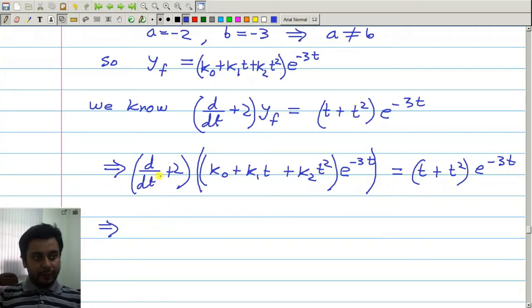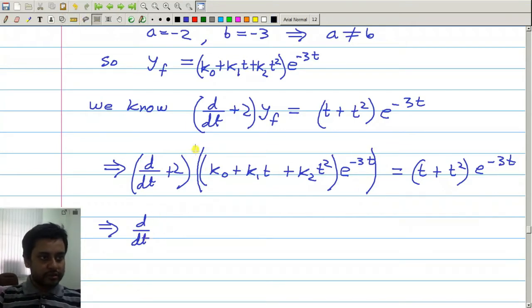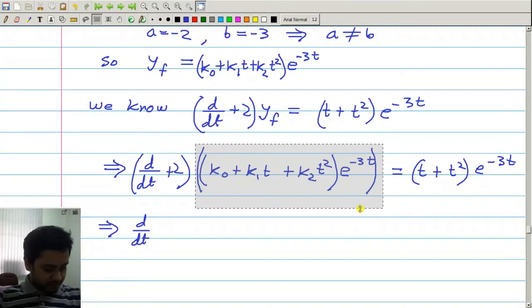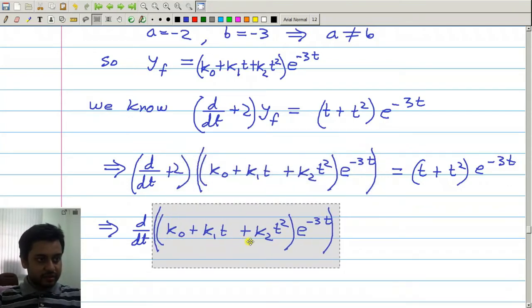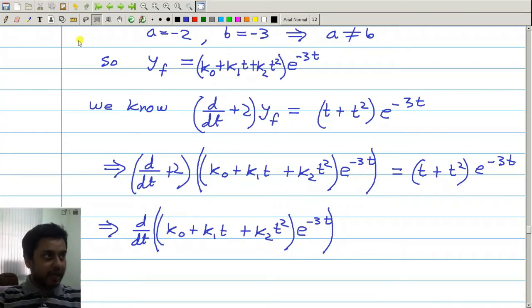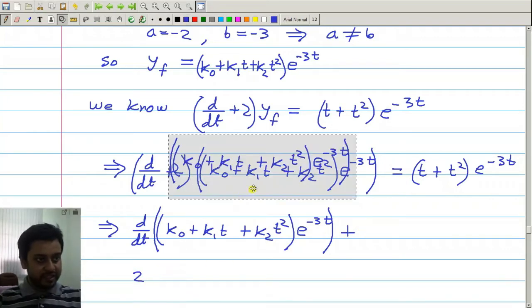Now if we apply this operation, we shall get d dt acting on this thing plus two multiplied by the same thing.